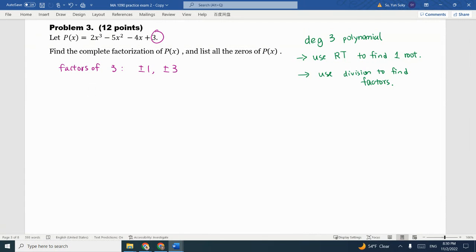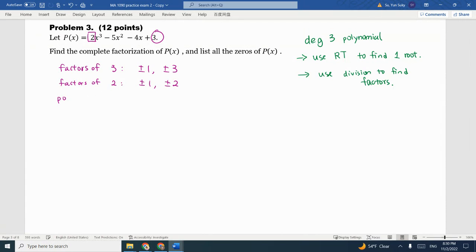Integer factors: plus or minus 1, plus or minus 3. And then we look at factors of the leading coefficient. The leading coefficient is 2. Factors of 2 always start with plus or minus 1, and then plus or minus 2.